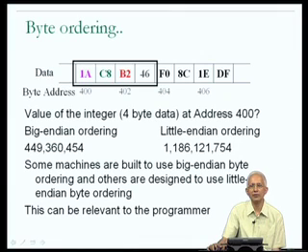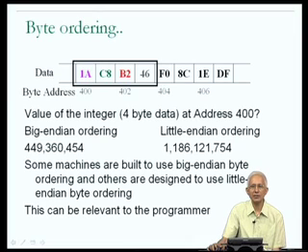Therefore, if I wrote a program in which there was a declared signed integer variable x, and then I put, let's say, the value -1 or -3 into that variable using an assignment operation, and then in the rest of that program I examined the 4 bytes at the address associated with that variable x, then I could actually figure out whether the bytes are being interpreted in little endian or big endian fashion. So a program could be written to determine whether the machine on which it is running uses little endian or big endian byte ordering.